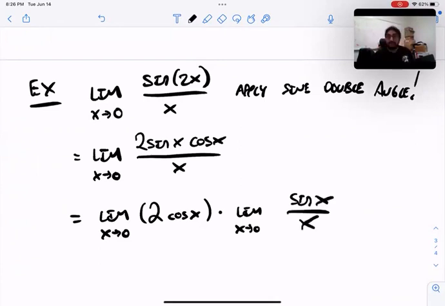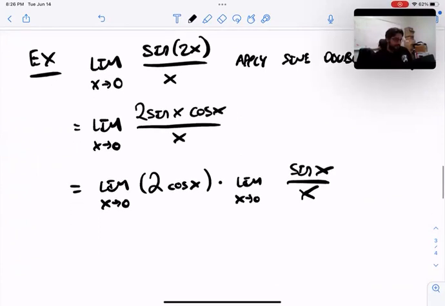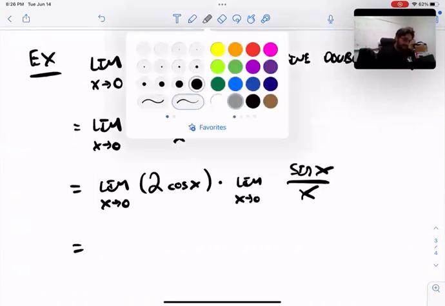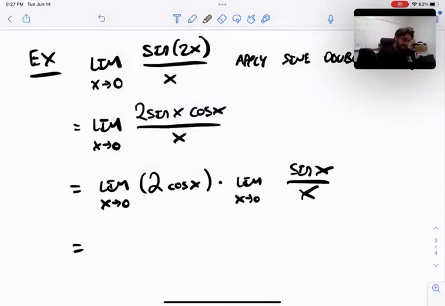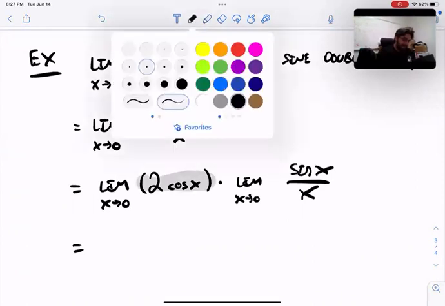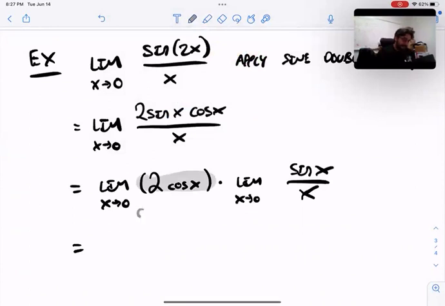That's our special limit for sine. That's the small angle approximation. So I can actually say then, see this first limit, this is back in case 1. It's continuous, just plug it in.